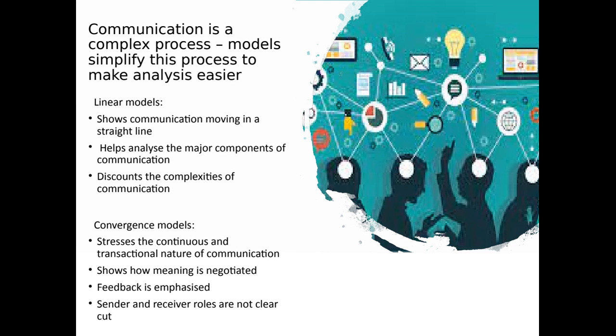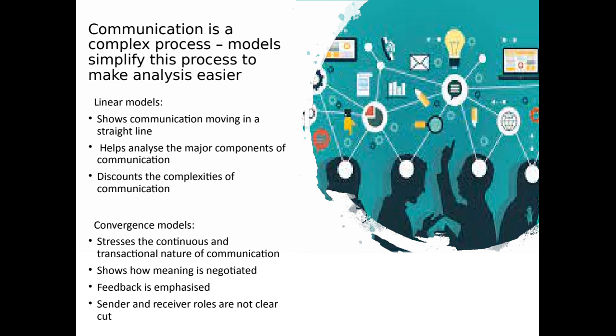So this applies more to conversation style communication, where we take into account feedback and give and take and back and forth. So convergence models are very good to explain and understand how communication is continuous.